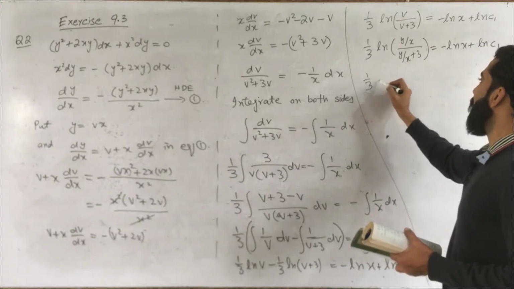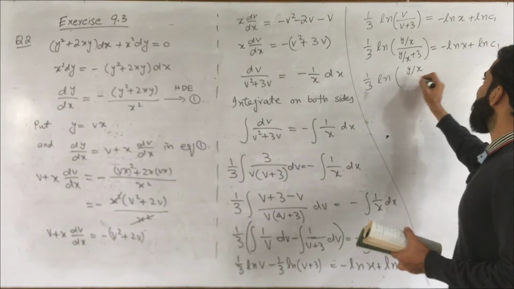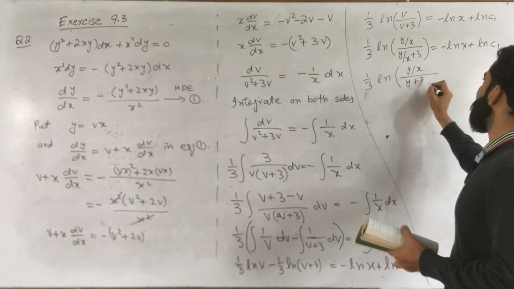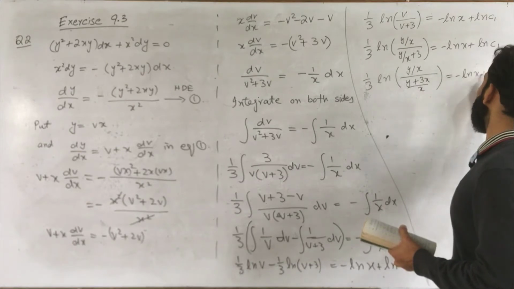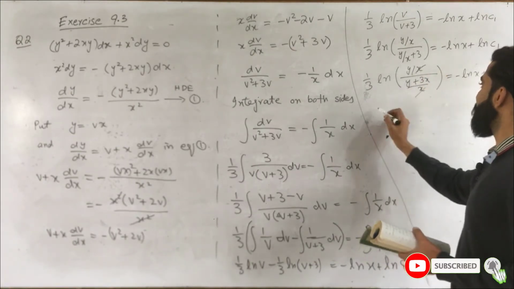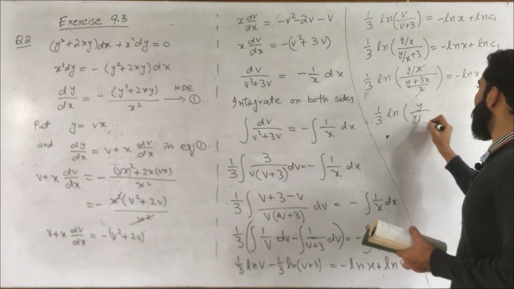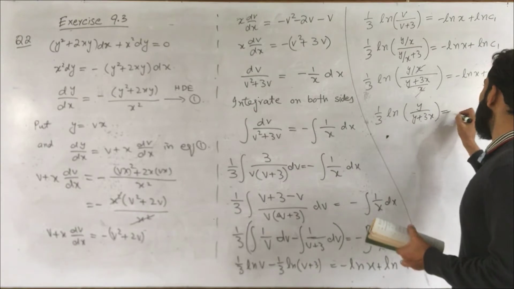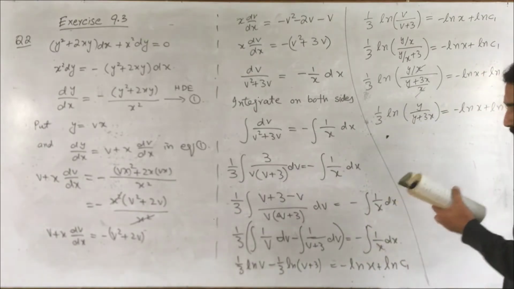By taking the LCM, we have y over x divided by y plus 3x over x is equal to minus natural log of x plus natural log of c1, and this x cancels out with this one. Natural log of y over y plus 3x is equal to minus natural log of x plus natural log of c1.